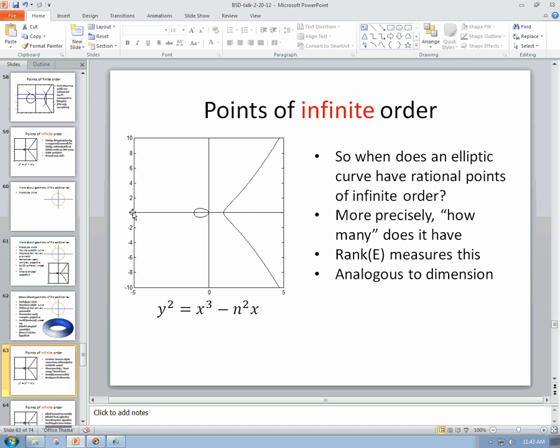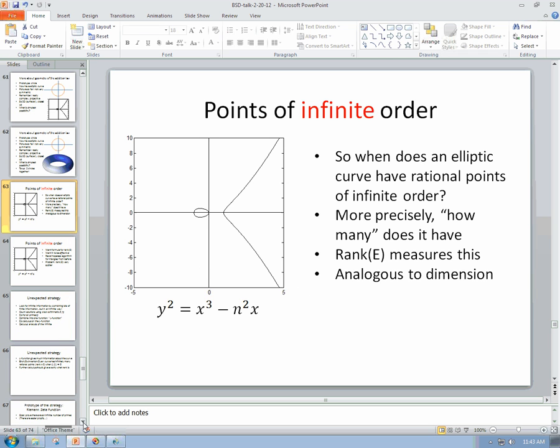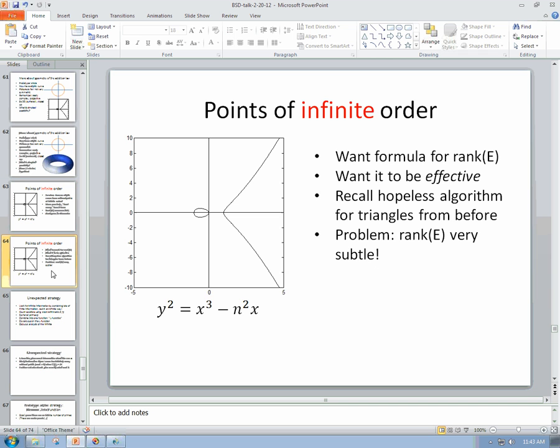But there are two genuinely different directions to go in. That's what makes it two-dimensional. And in a sense, if you look at all the rational points of infinite order, there's something called the rank of the elliptic curve. It measures how many different families there are. So it's analogous to the dimension of something. Again, very hand-wavy, but I don't want to go any further on that.